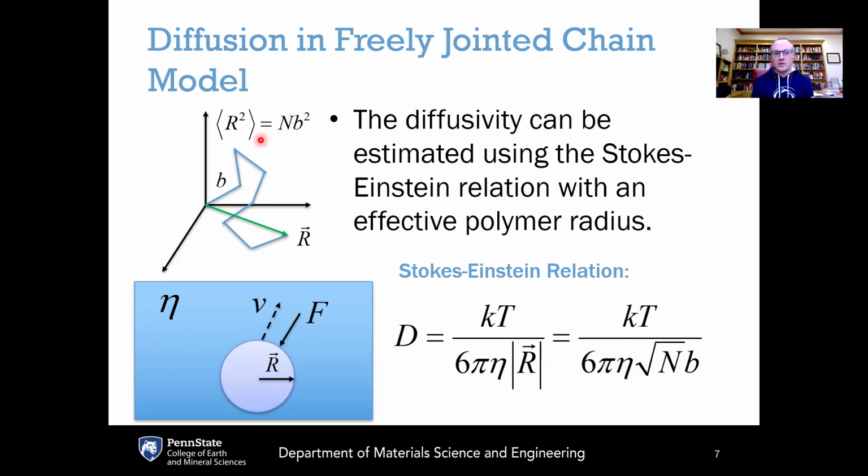And then the square root of this to give us the effective R is the square root of n, so that's the square root of the number of monomers in your polymer chain times b, the length of each monomer.